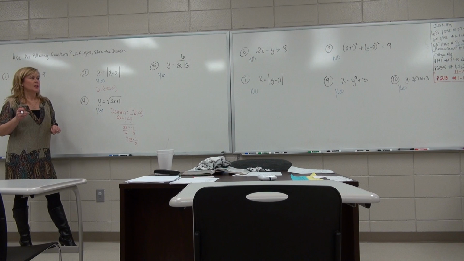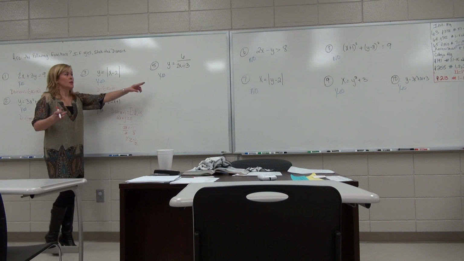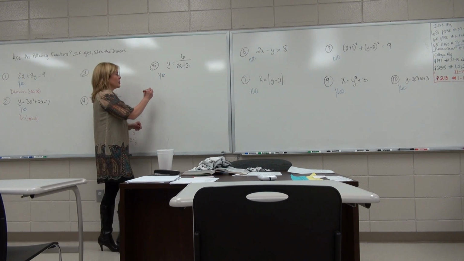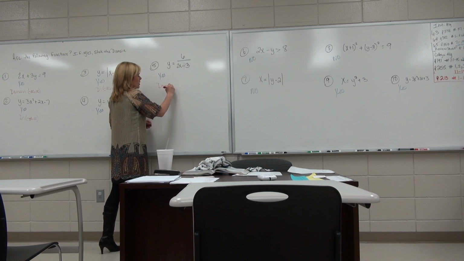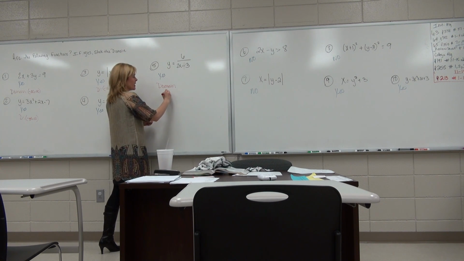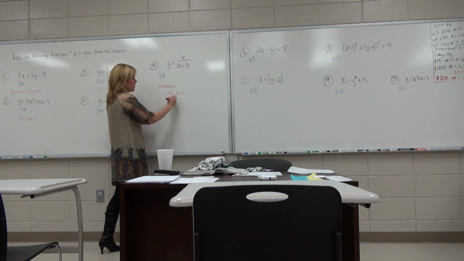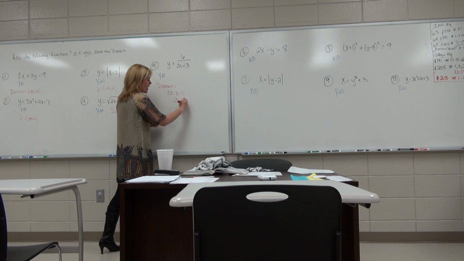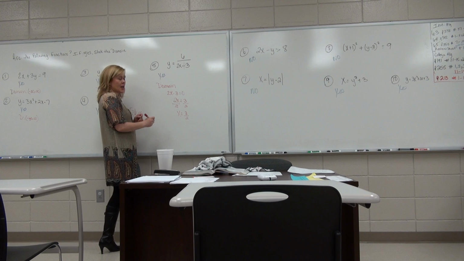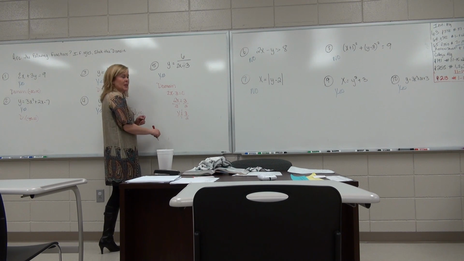Number 5. Well, I don't have a square root, but I got an x in the denominator. So to find the domain here, we know that this denominator cannot be equal to 0. So let's figure out what makes it 0. That would be when 2x is equal to 3, divide both sides by 2, so it's when x is 3/2. It's what would make that denominator 0, so that's what x cannot be equal to.